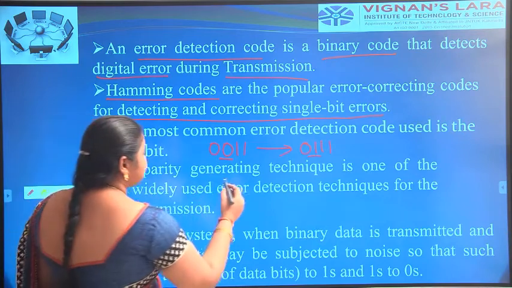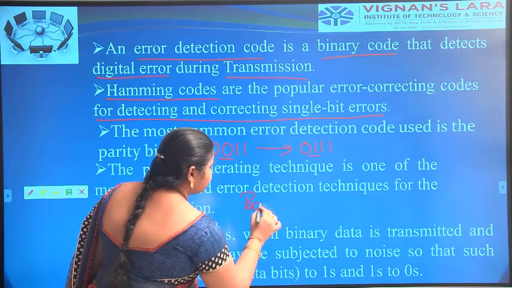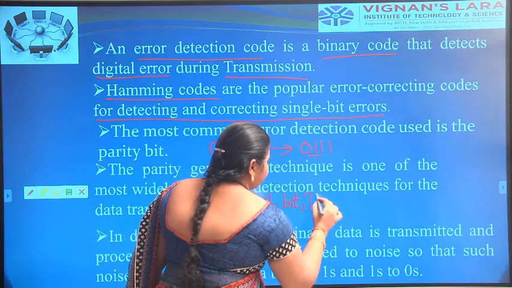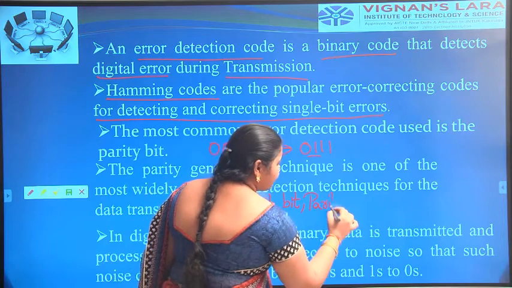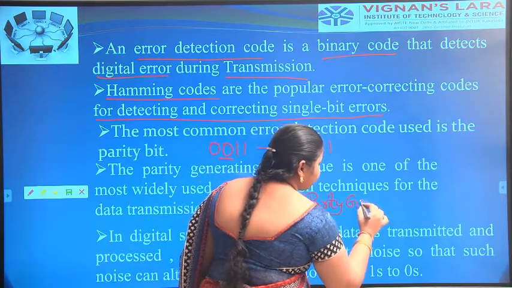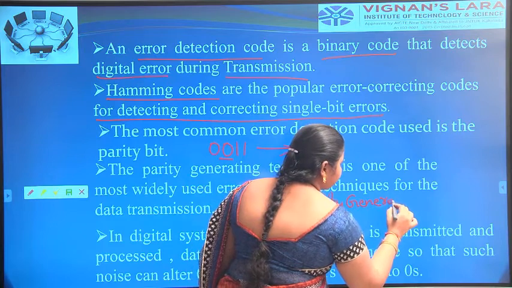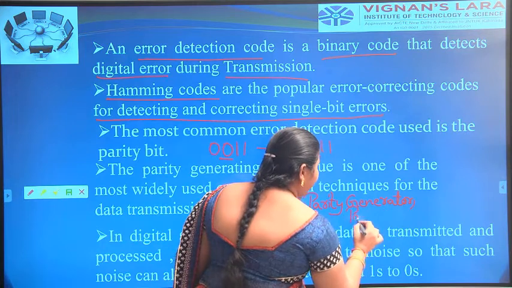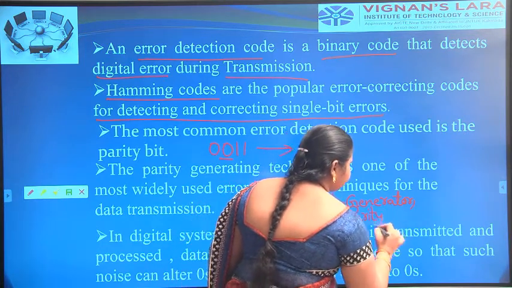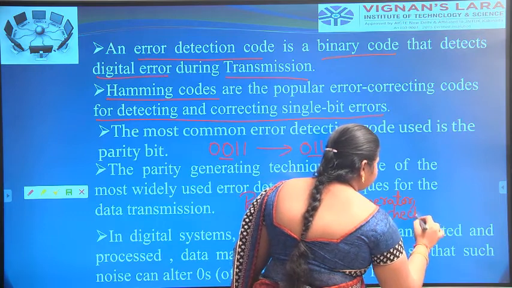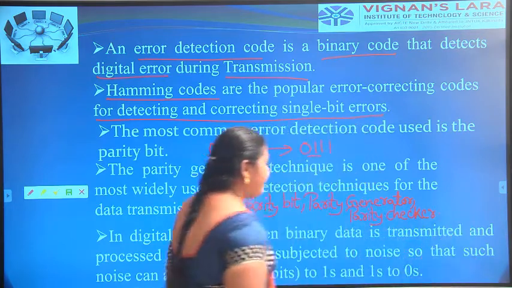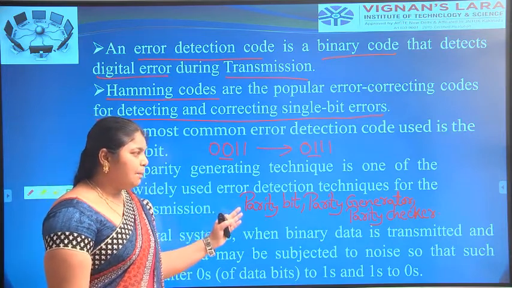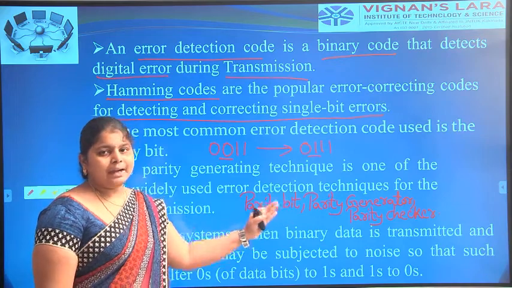The first one is the parity bit, the second is the parity generator, and the third is the parity checker. These are the three most common techniques of error detection code.